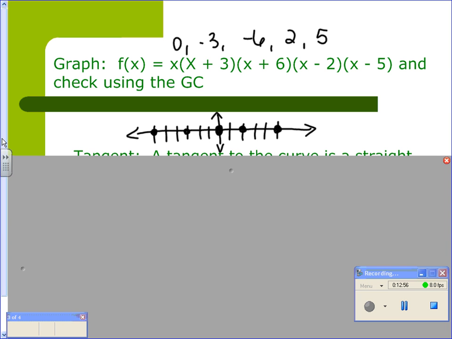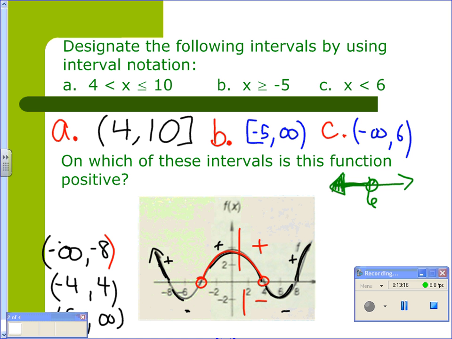Does that make sense? All right. In between each of those points, it's going to change from positive to negative. On the last graph, at each of the zeros, it changed from positive to negative, back to positive, back to negative, back to positive.